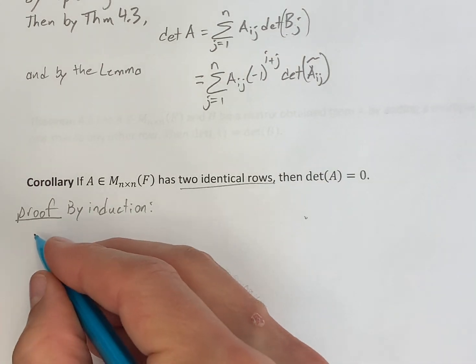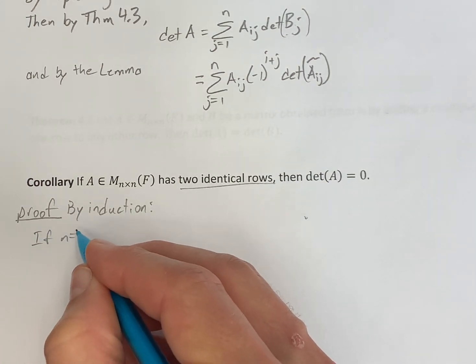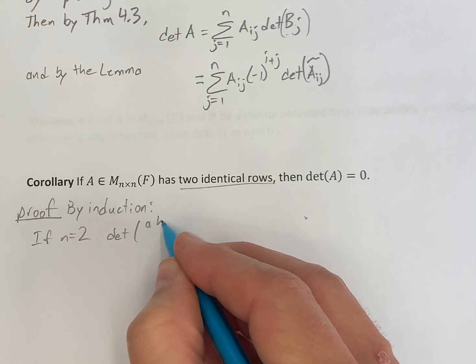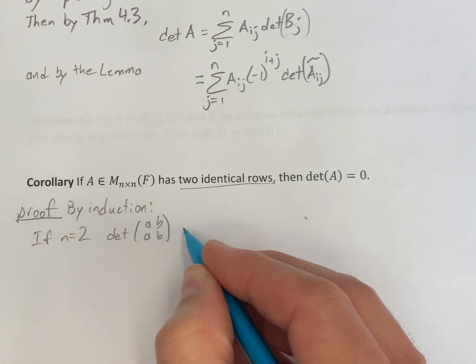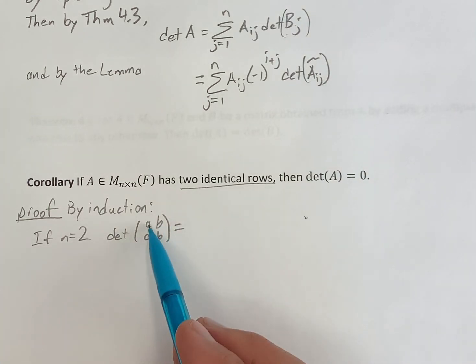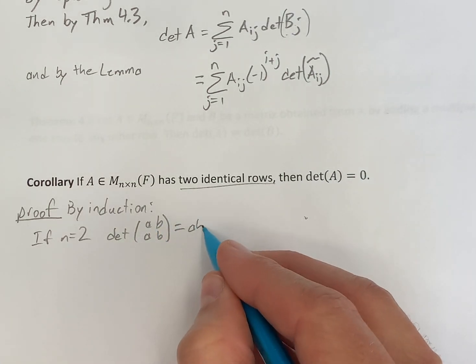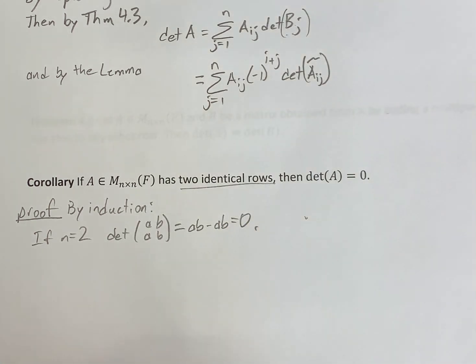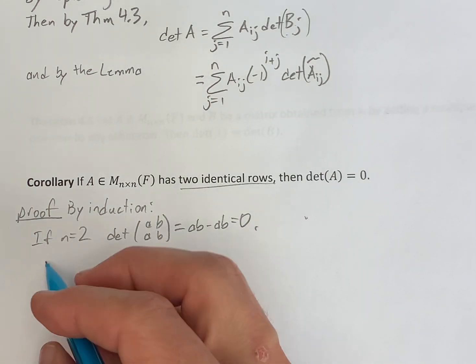Think about this. If n equals 2, the determinant of [a b; a b] is equal to ab minus ab, which is 0. So hopefully that's pretty obvious.